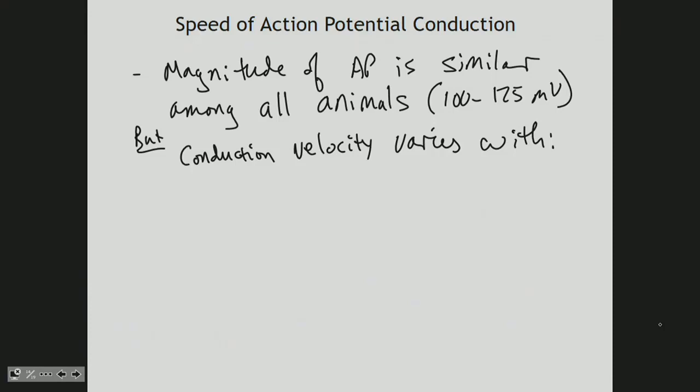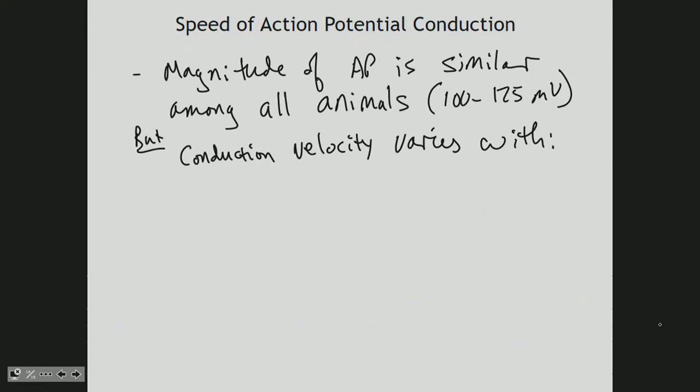We want to talk about that with respect to the speed of an action potential. And so I already mentioned that an action potential magnitude is kind of a fixed thing. It's similar among all animals. About 100 to 125 millivolts is the magnitude of an action potential. It's set by the equilibrium potential for sodium and potassium, right? And we said in the osmoregulation bit of the lectures that that particular aspect of ion concentration is set by what the ECF and the ICF can handle, particularly the ICF.